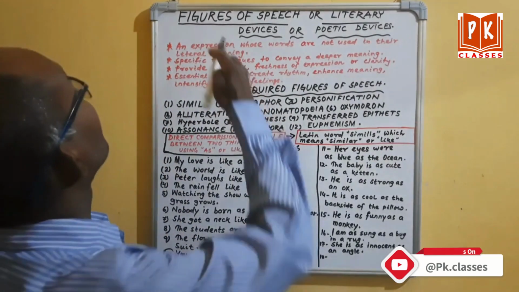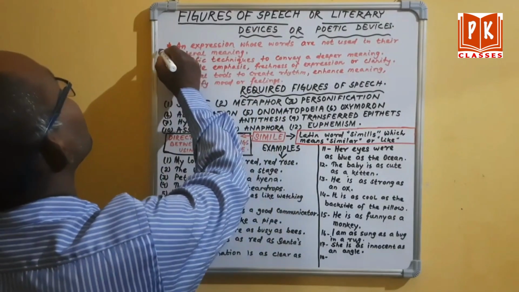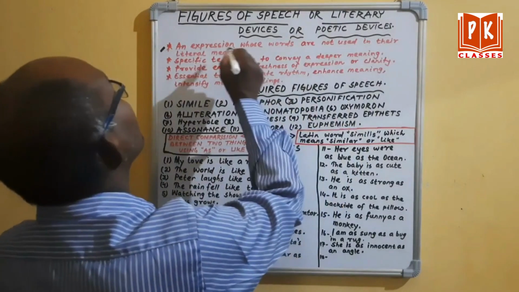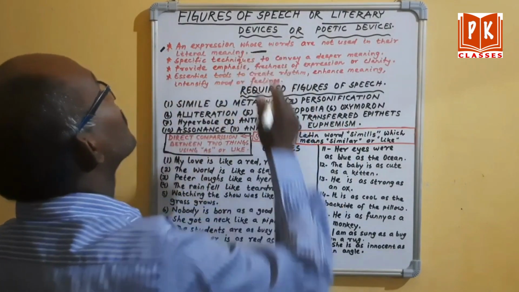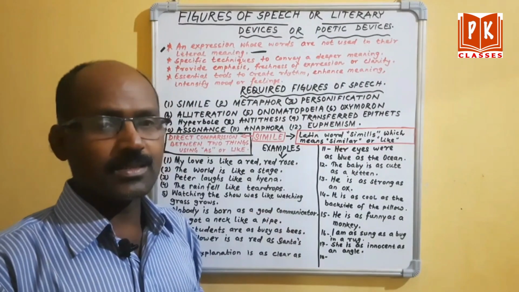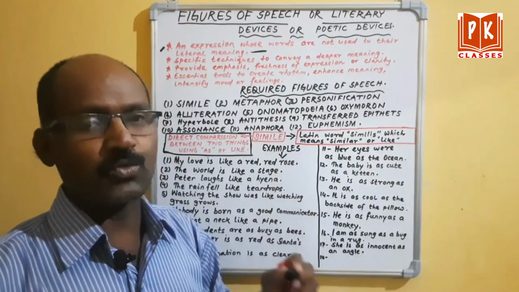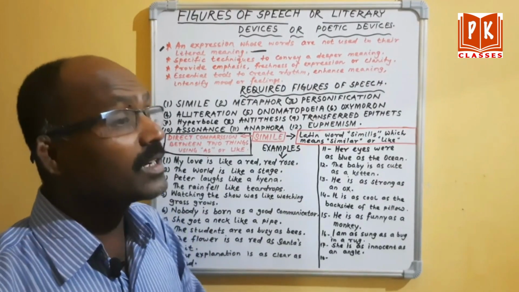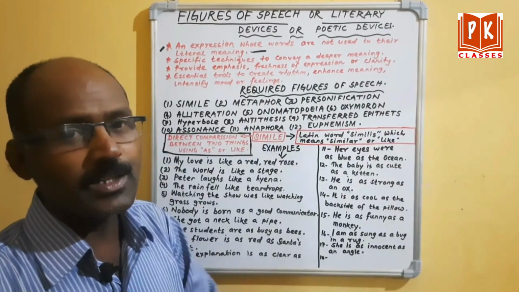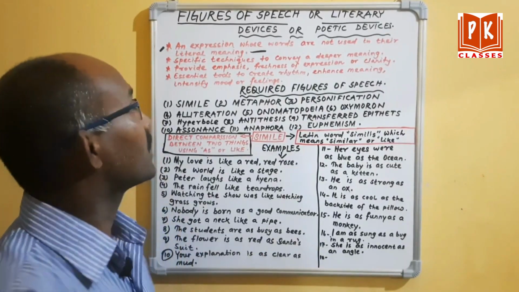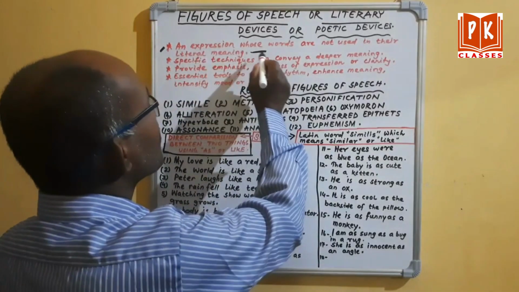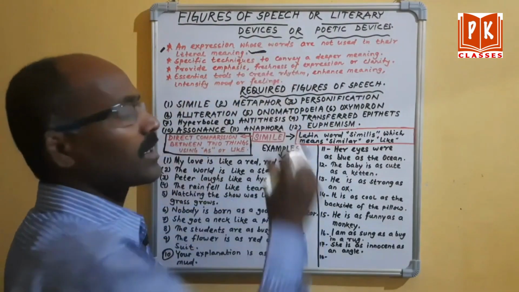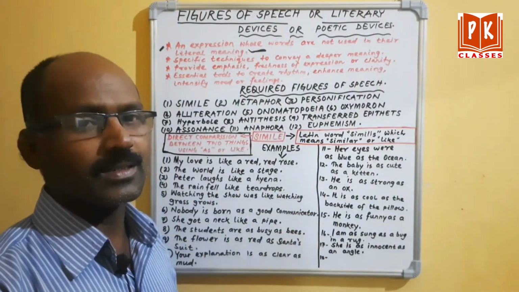We can say it is an expression whose words are not used in their literal meaning. Some phrases or words we will get, but if you go to the literal meaning, you will not get the exact meaning. This is the main thing.